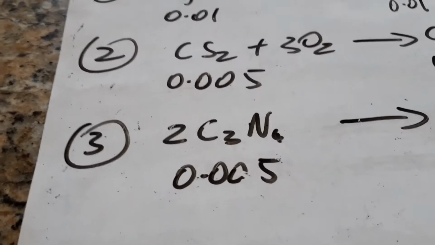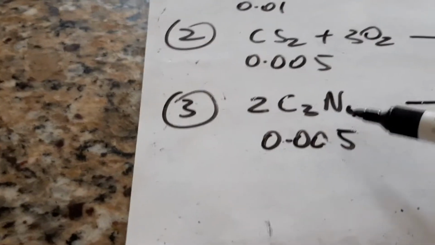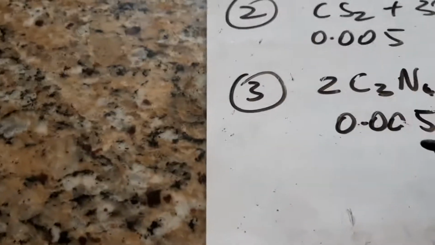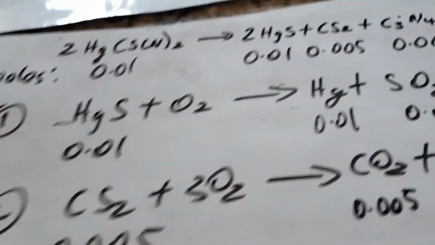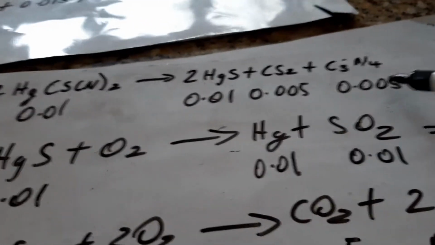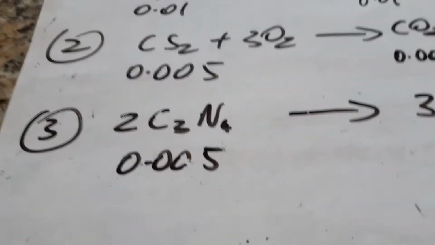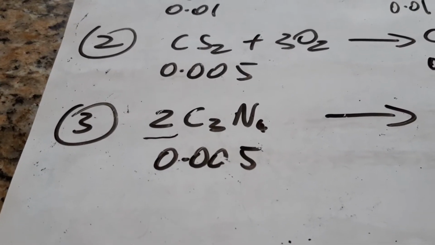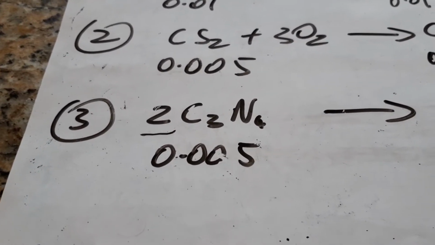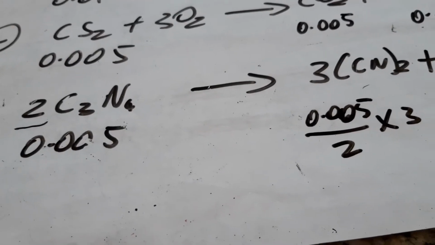Right, so then we have reaction 3 to do. This is C3N4. And again, we're going to use our ratio here. So if we go back to the top here, you can see we started with 0.005 moles of C3N4 because that's the amount we produced originally. So using our molar ratio here of 2 to 3, we're going to divide 0.005 by 2 and multiply by 3, like that.